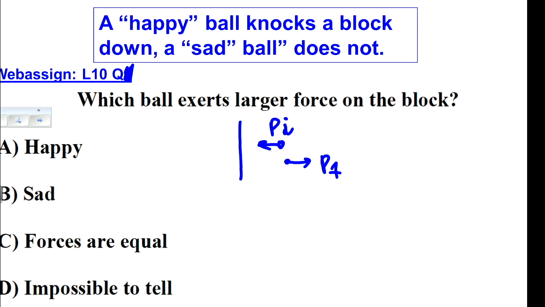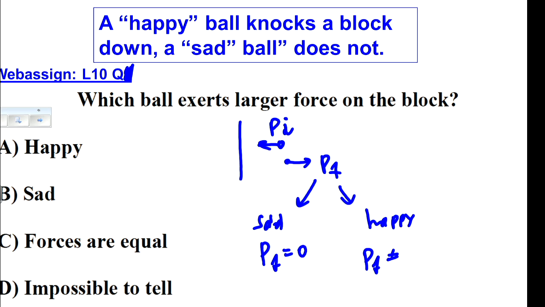We treat momenta as vectors. And the difference is, for the sad ball, the final momentum is practically zero. It doesn't bounce back. But for the happy ball, the final momentum is not zero. We have solved this problem before with numbers.